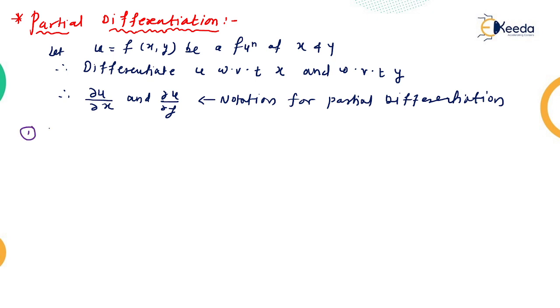Suppose I want to take ∂u/∂x. So how to take this ∂u/∂x? Let's see.